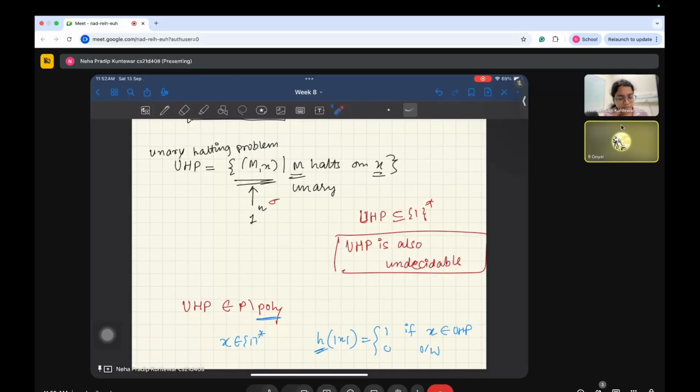Right, but now the question is, if I place any sequence of ones over the tape, that is going to be an instance of a UHP. So can you tell me a string of ones that is not an encoding of a valid UHP?